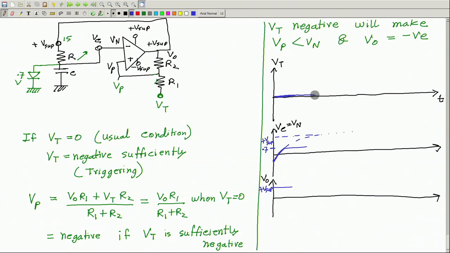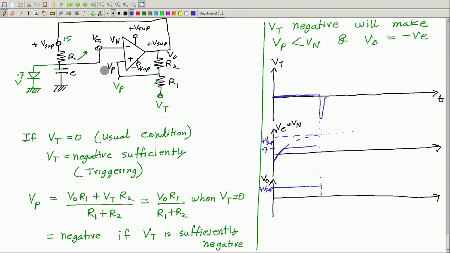Okay. Now, say at this moment, after a while, I make V t negative for a brief period like this, sufficiently negative. Okay. So, till then, this V c will remain at this position, output will also remain at that value up to this moment. Okay. And at this moment, what will happen? This V p will change.